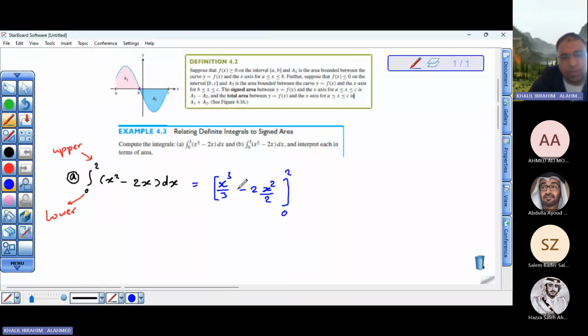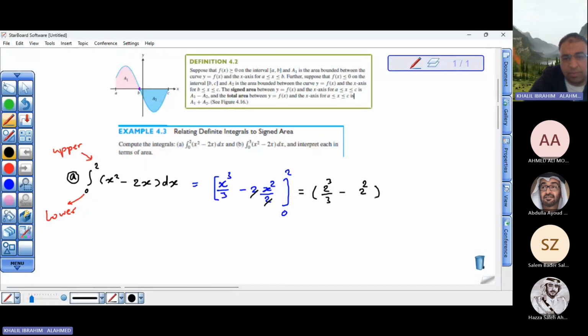Then substitute the upper limit minus substitute the lower limit. How to substitute here in the upper? This equals 2 to the power 3 over 3 minus, cancelling 2 with 2, x squared, which is 2 to the power 2.